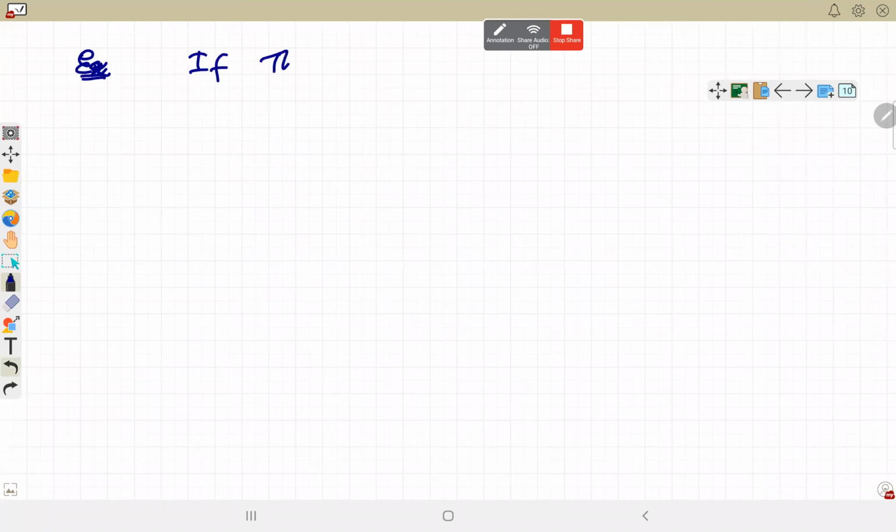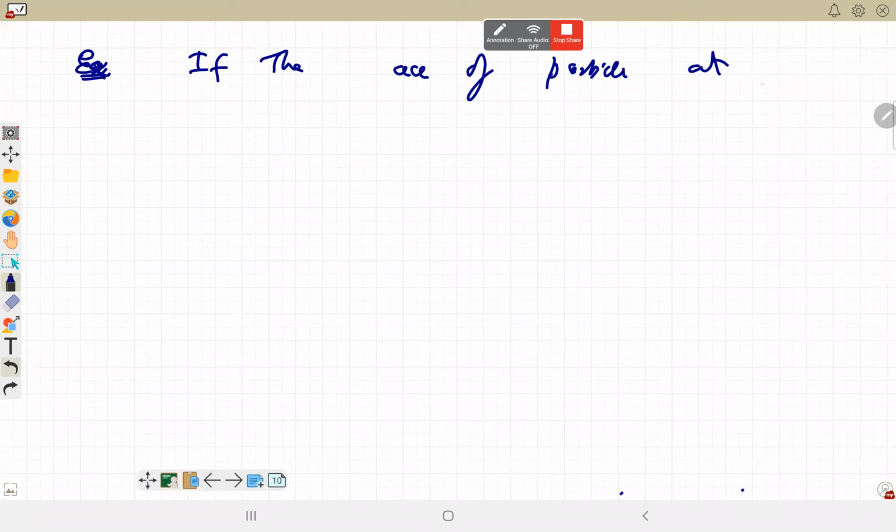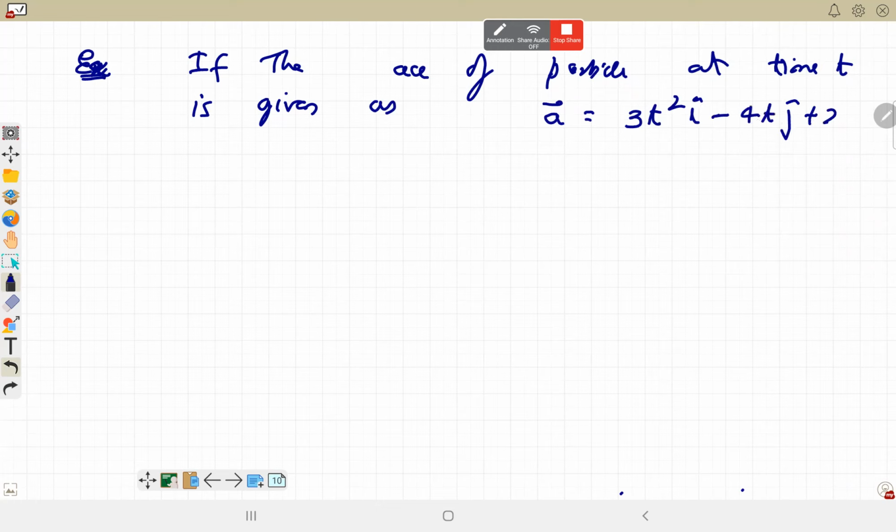the acceleration of a particle at any time t is given as a equal to 3t square i cap minus 4t times j cap plus 2k cap.